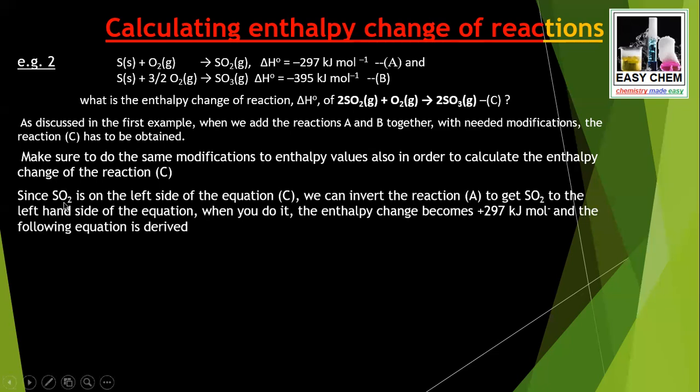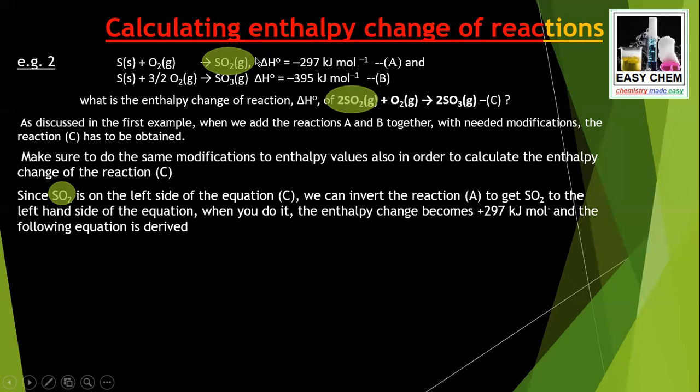I will try to understand this. Since sulfur dioxide is on the left-hand side of the equation C, what am I talking about? Sulfur dioxide is present on the left-hand side of the equation C. And also, sulfur dioxide is on the right-hand side of the equation A. When we add A and B together, you can't have sulfur dioxide on the right-hand side because in the equation C, we have sulfur dioxide on the left-hand side.